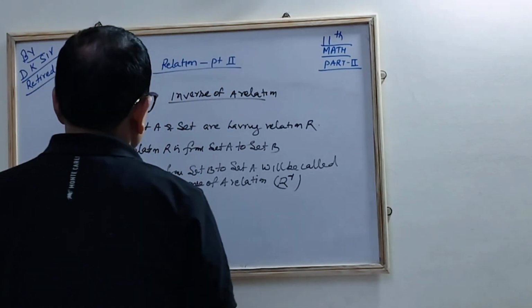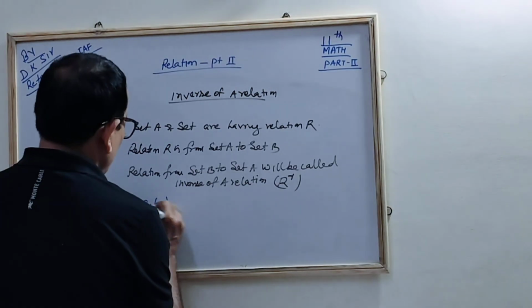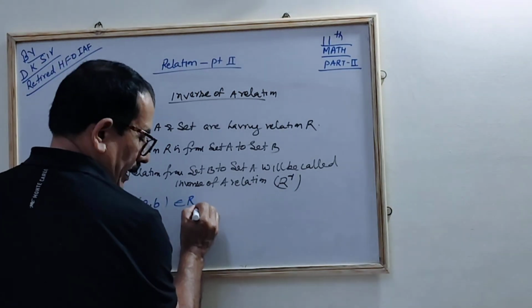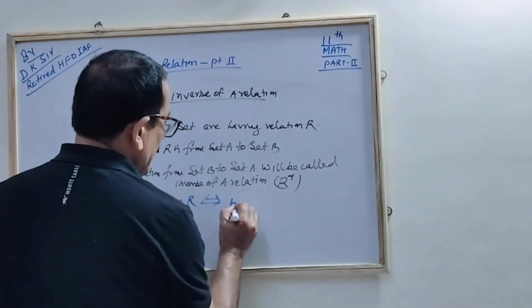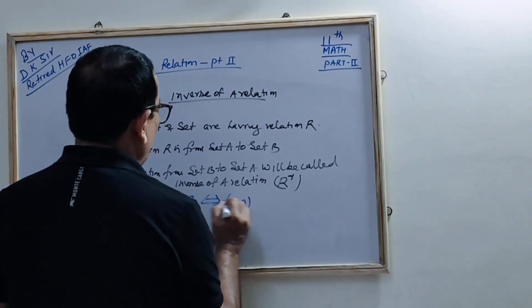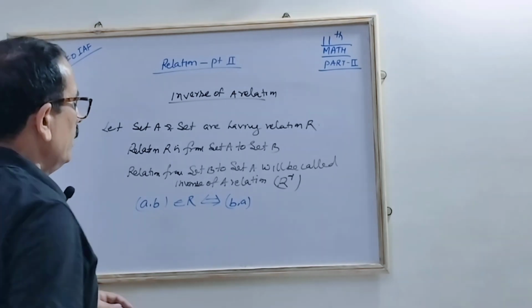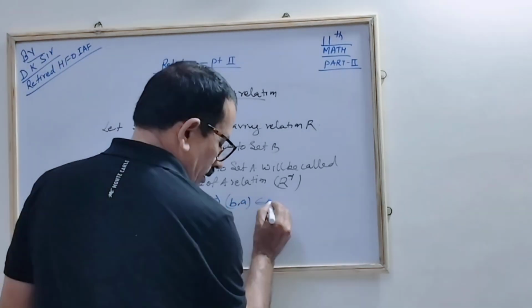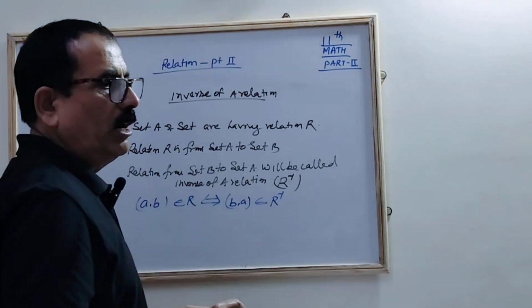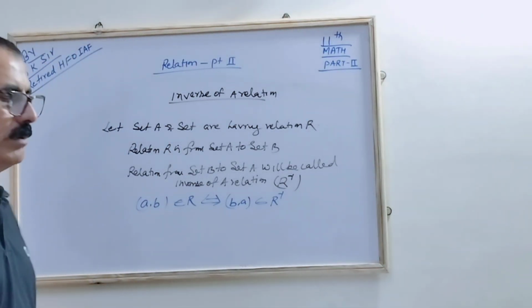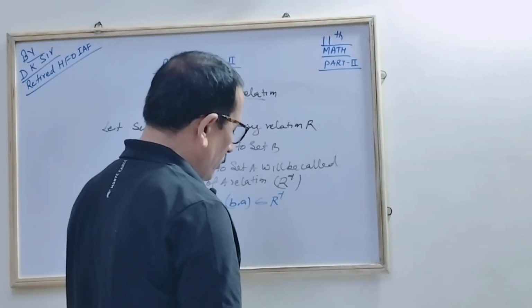So, suppose (a, b) is an element of R. Then you should understand that the ordered pair is going to be opposite. (a, b) will change into (b, a), which will be an element of R inverse. That is the difference. You require to change the order of the pair, and that becomes the inverse of the relation. Understood?